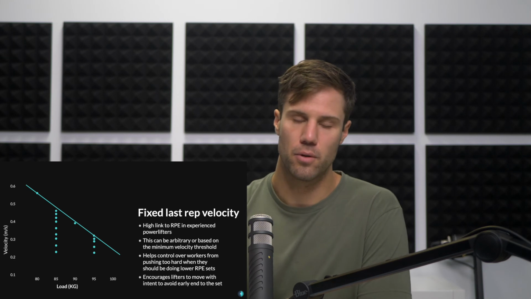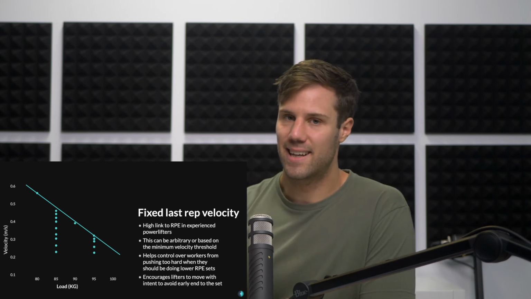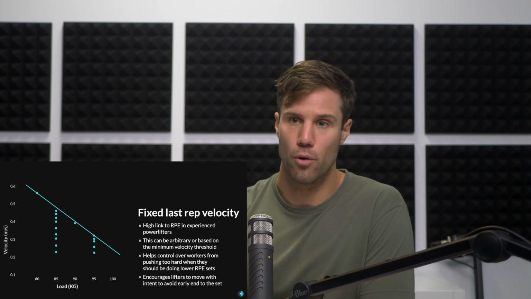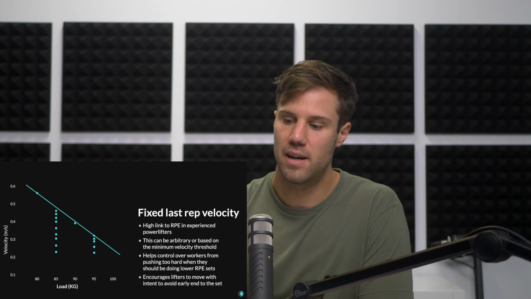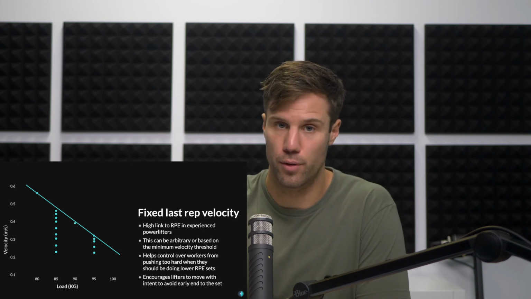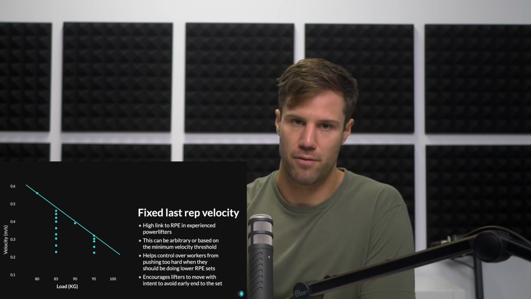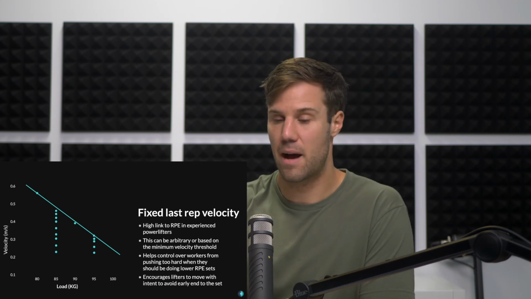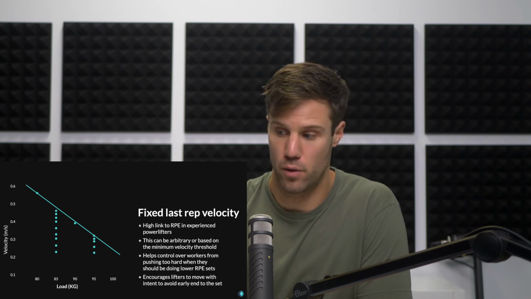Say, for example, their minimum velocity threshold is 0.25. You can set a cap at none of these reps are allowed to be below 0.35. So there's a 0.1 meter per second buffer before the point of failure, which should be 2 or 3 reps. That means they're going to be leaving at least 2 or 3 reps in the tank before they end their set. So they can get to their RPE, or they can get to your velocity cut point, whichever happens first.